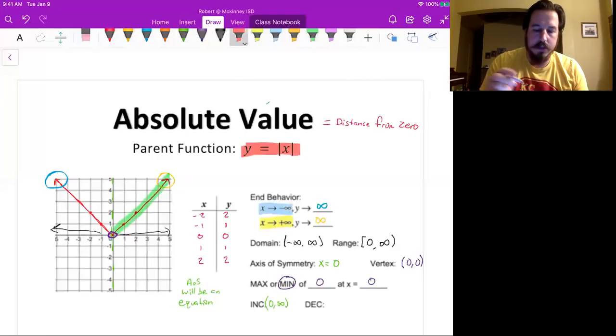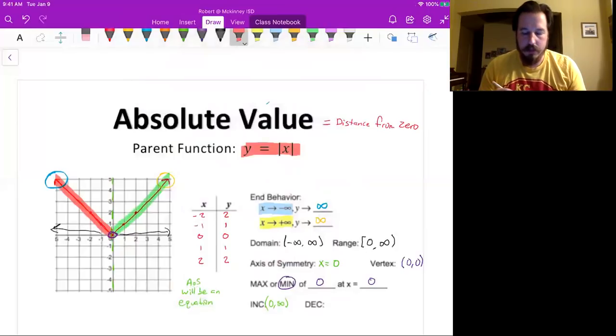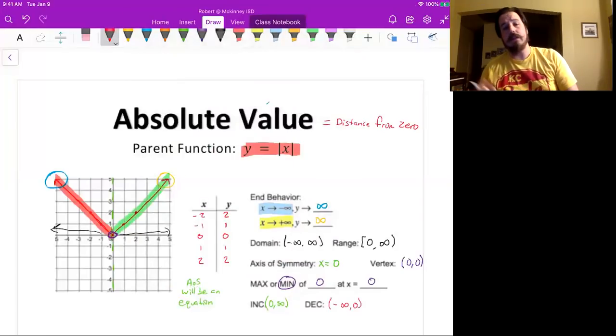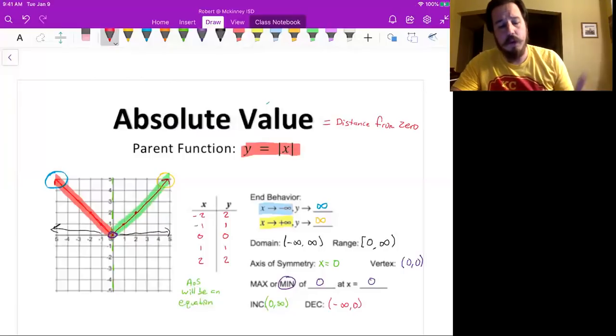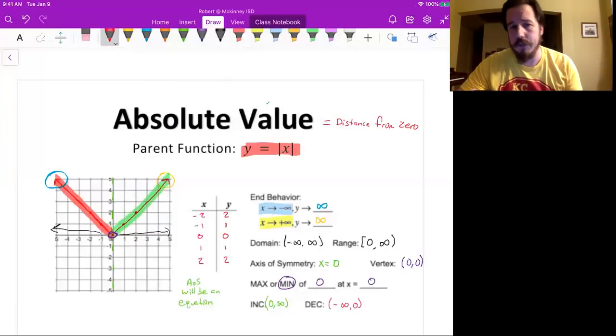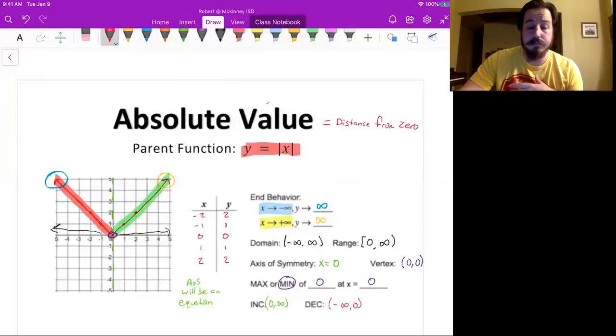And it is decreasing, meaning as it moves to the right, it's headed down, from negative infinity to 0. Because remember, the increasing and decreasing, that is dealing with x values that make the y values increase or make the y values decrease. Okay, so these are our basic characteristics of our parent function.